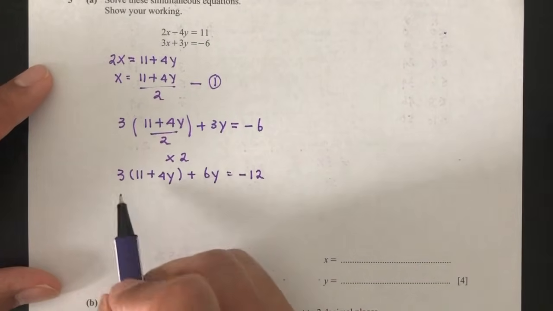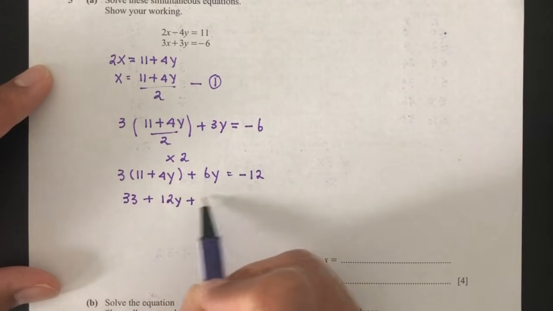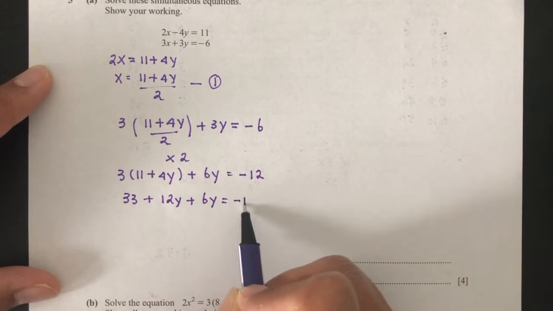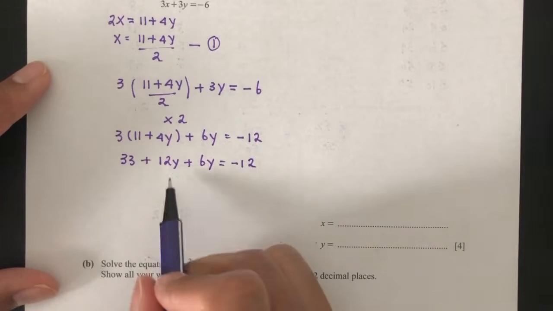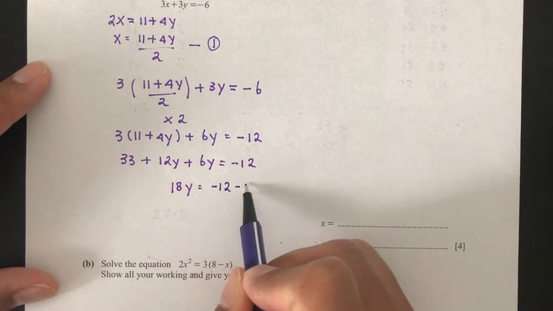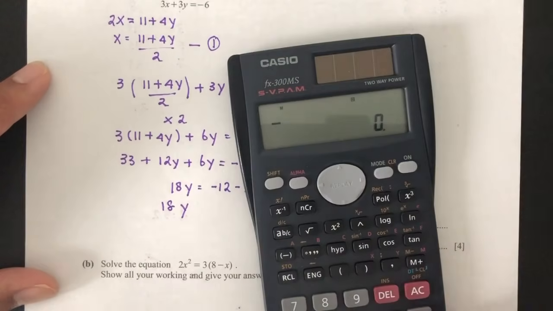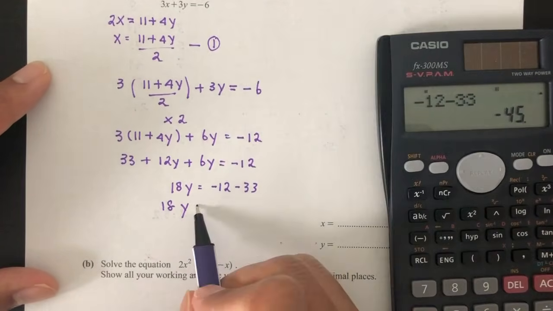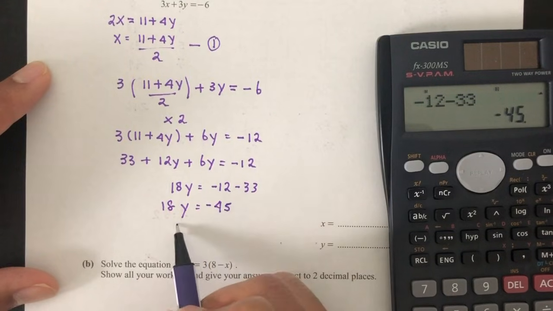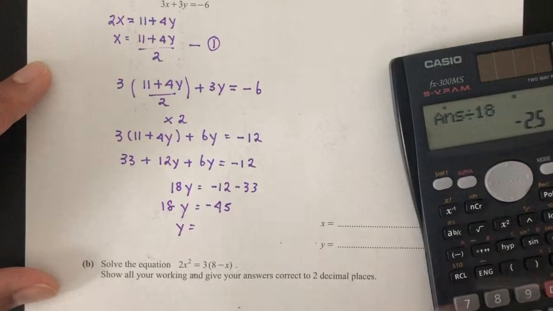Now if you simplify, you will have 33 plus 12y plus 6y equal to minus 12. So these two will be 18y equal to minus 12 minus 33. So 18y will be what? Minus 12 minus 33, that will be minus 45. Y will be minus 45 divided by 18. That will be minus 2.5.